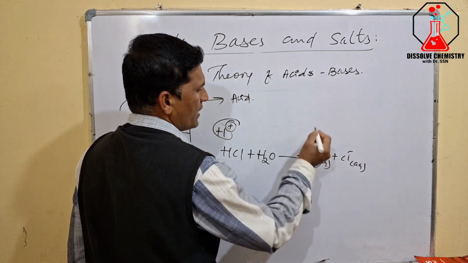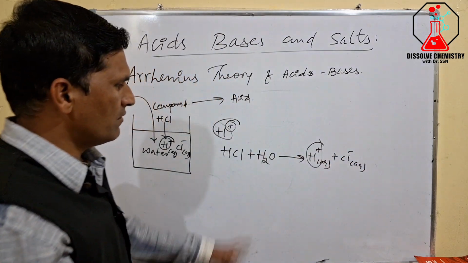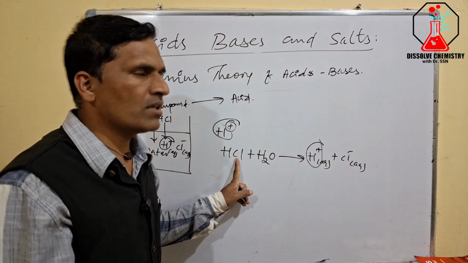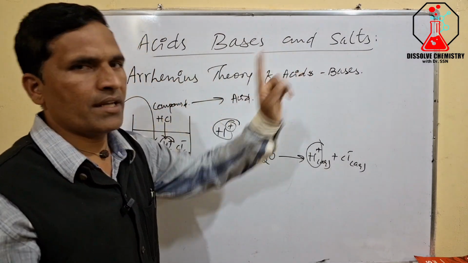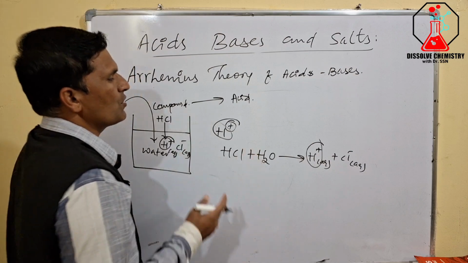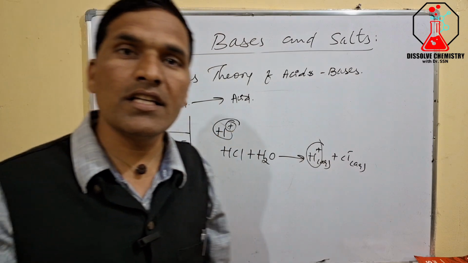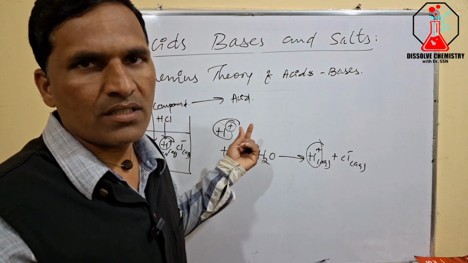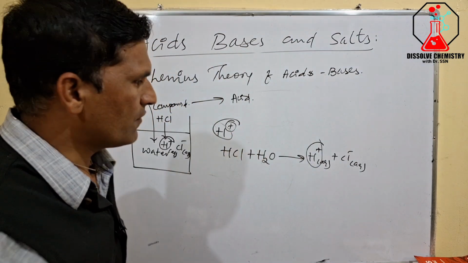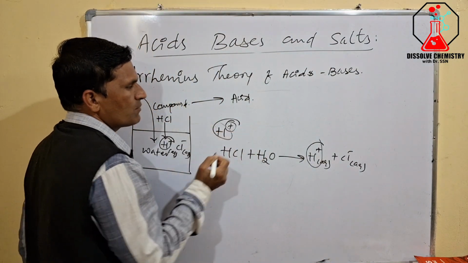As it is donating this H plus, we call this HCl an acid according to Arrhenius theory. We should remember that this H plus is a very small, tiny and highly reactive ion, so it won't exist as H plus in water.